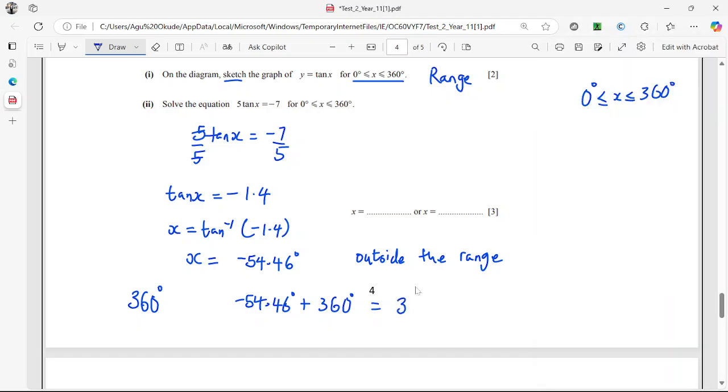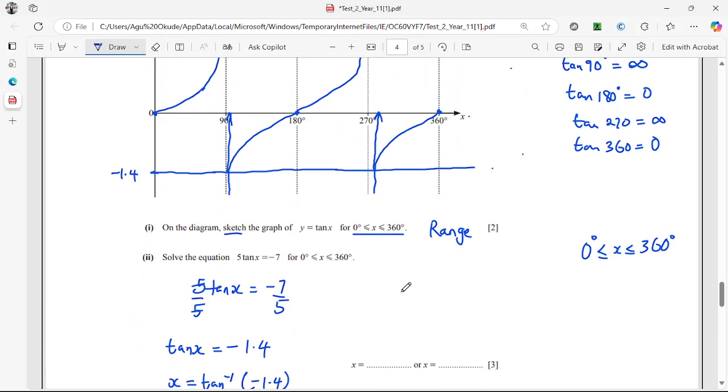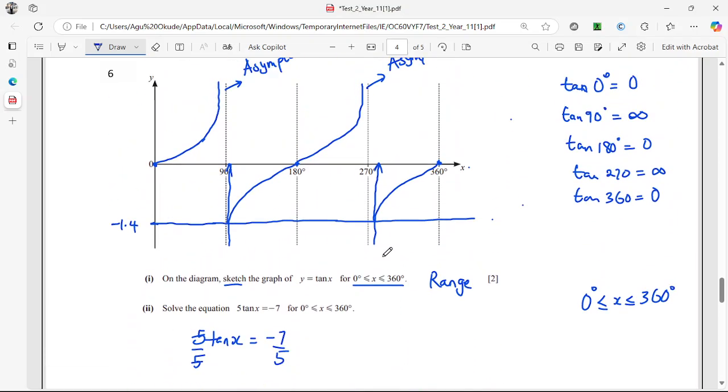So 305.54 degrees. Now this value here is basically what you are seeing here. So this is 305.54. That's the angle right here, right? Now what is the size of this gap over here?